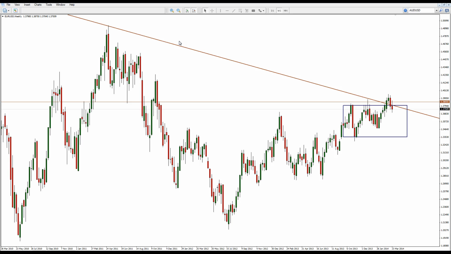Let me show you a very short and very simple example of what I mean. When we are seeing a range like this, right?